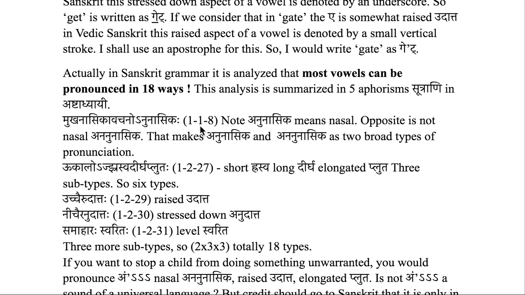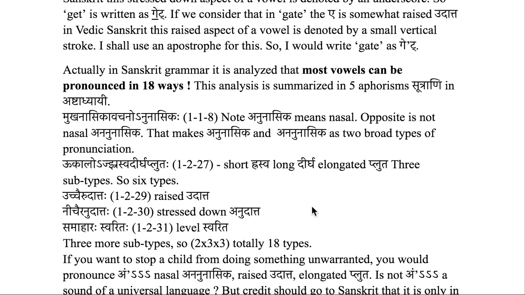The second number denotes the quarter number. So 1-1-8 means first chapter, first quarter, and 8 is the ordinal number of that particular sutra in that particular pada. So 1-1-8 means the 8th sutra in the first quarter of the first chapter.